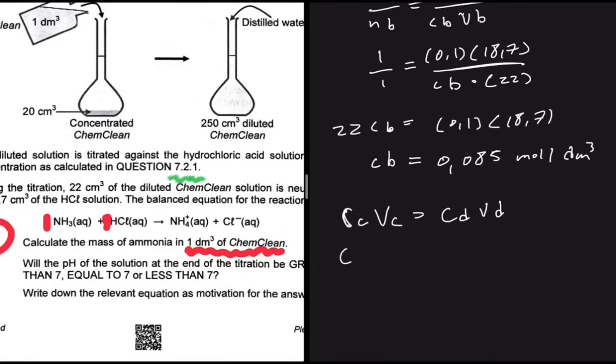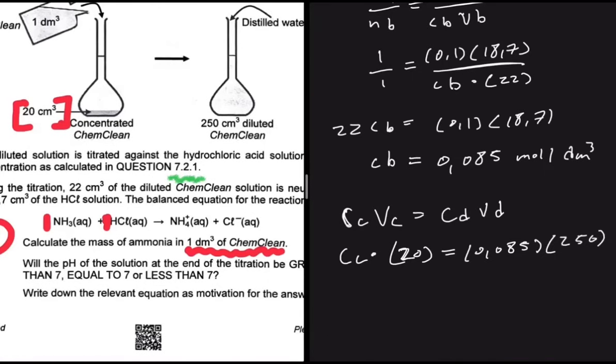So the concentration of the concentrated is what we're interested in, and the volume of the concentrated is 20 centimeter cube. So we're going to have 20 there, being equal to the concentration of the dilute, which is 0.085, multiplied by the volume of the dilute, which is 250.